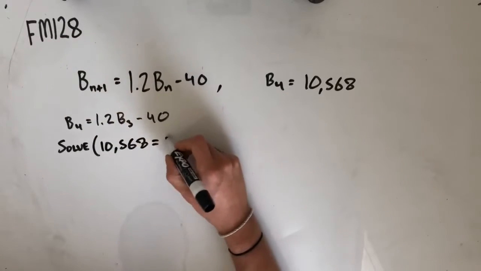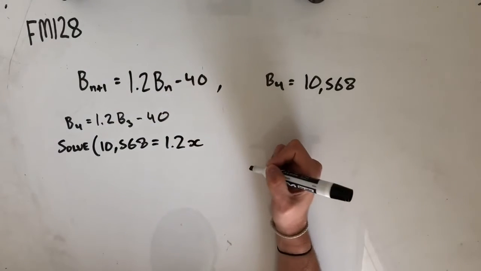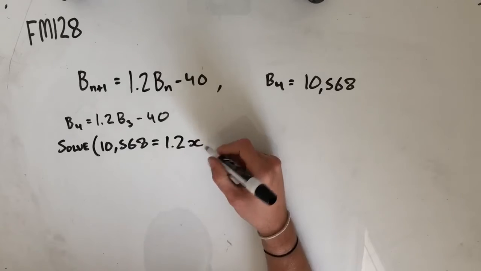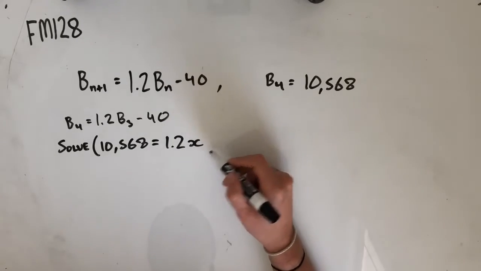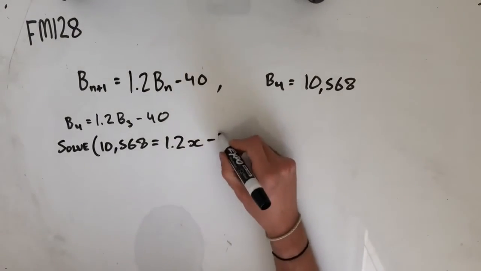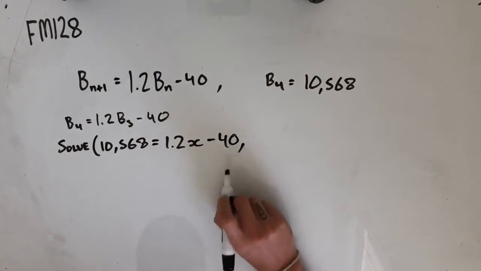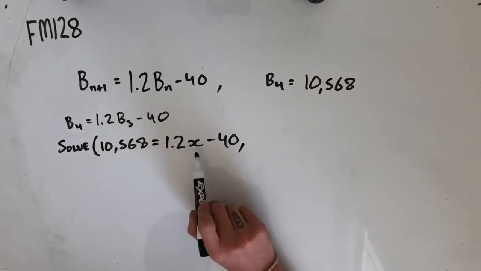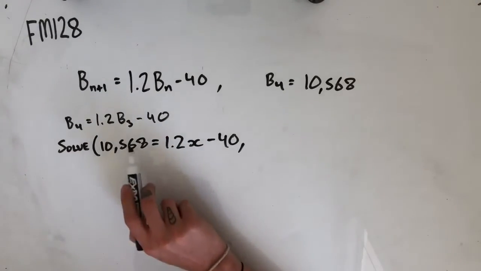So solving 10,568 = 1.2, and now I'm going to replace B3 with x just because we need to give it a pronumeral unknown value. You could use y, you could use z, you could use the letter B. It doesn't matter what you insert here as long as you tell the function afterwards. So you put a little comma. You've created your equation: 10,568, our B4 value, is equal to 1.2 times the unknown value that we're solving for, minus 40.